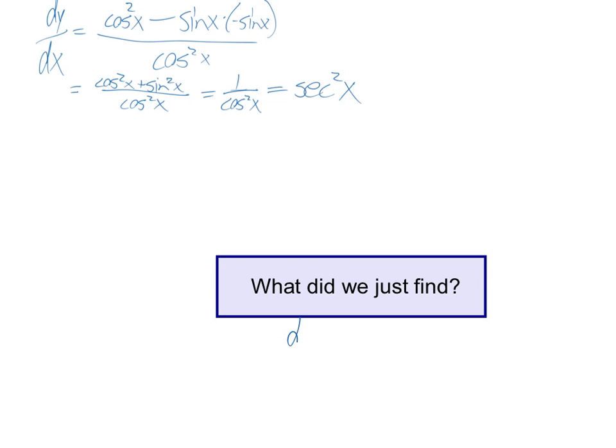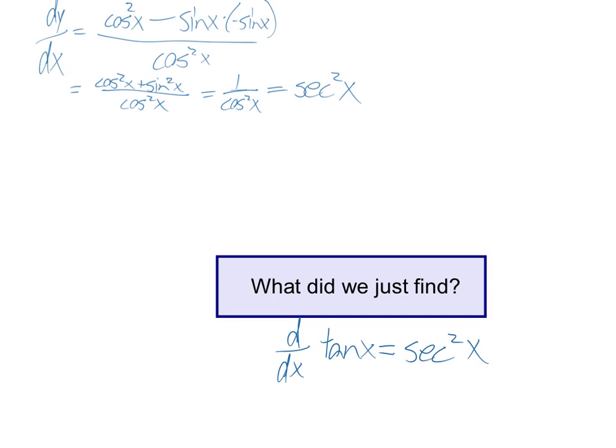So guys, here's the thing. You do not have to memorize the derivative of tangent or cotangent or secant or cosecant. But using our identities and the quotient rule, we could very easily derive all of those. So the derivative of tangent is secant squared.